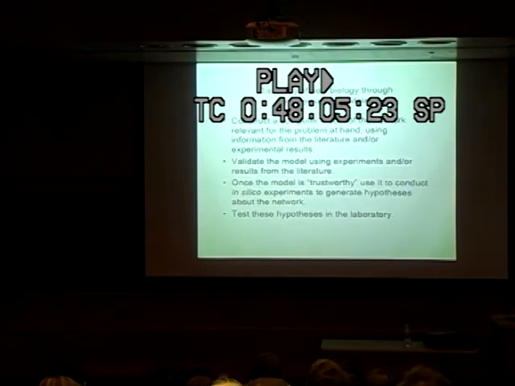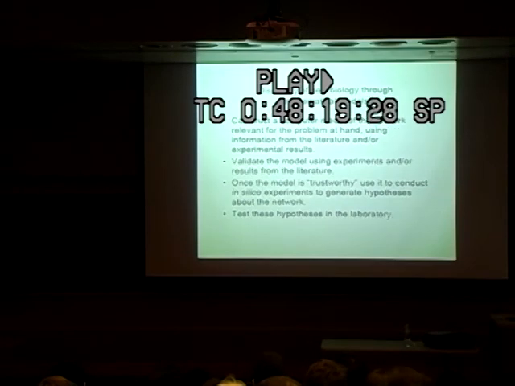So this is just a summary of what I talked about. What you want to use these kinds of dynamic models for is essentially you build them, and which kind of model you build depends on what kind of question you have to answer and what kind of data you have and what kind of extra information you have.